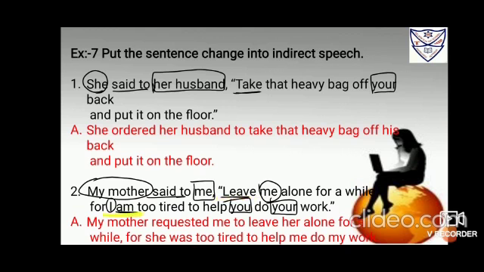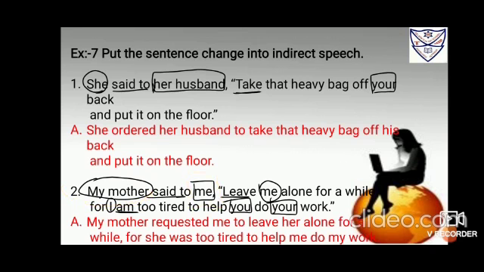Then am and do, so you will put it to leave, okay. This am will be changed to was, because it is simple present, so it changes to simple past, and do will remain the same, to help, because it is to help do your or his work. Now the next step is to go for the speaker. My mother is the speaker, so circle it, me is the listener, box it.